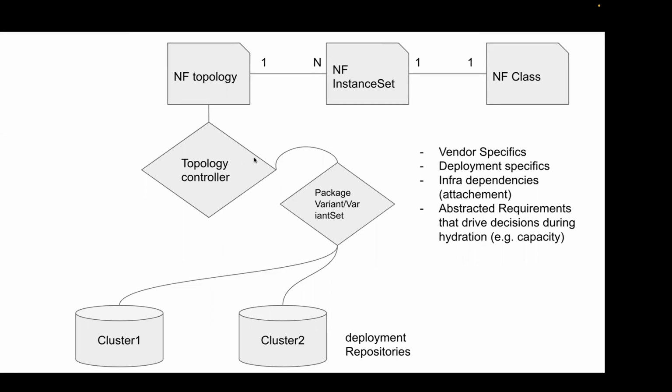It goes to what we call the NF instance set controller that has a certain logic, in this case clusters. Through the selector, it lists the clusters, and it has a certain fan-out strategy, in this case labels, as we did before.